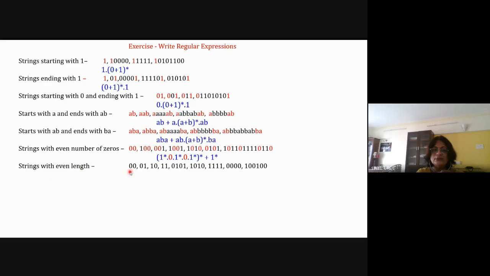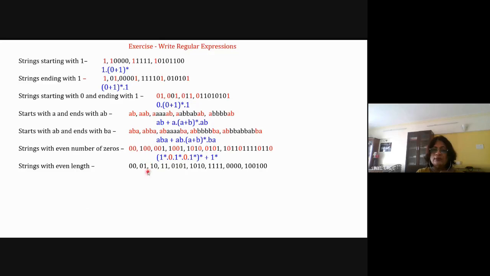So the length of the word is either 0, 2, 4, 6, 8 or 10. If the length of the string is 2, then these are the possible combinations: 0 0, 0 1, 1 0 or 1 1. These are the minimum length strings if the length of the string is 2.